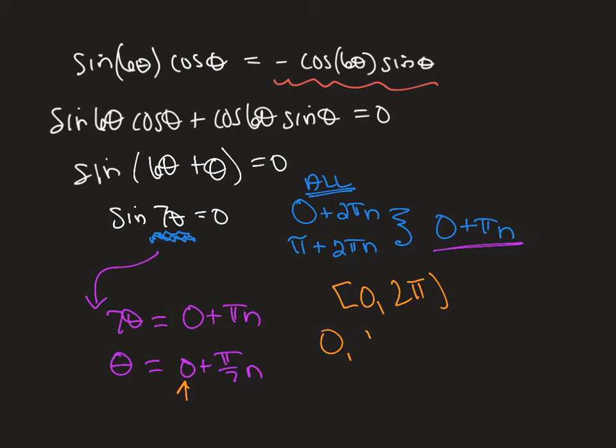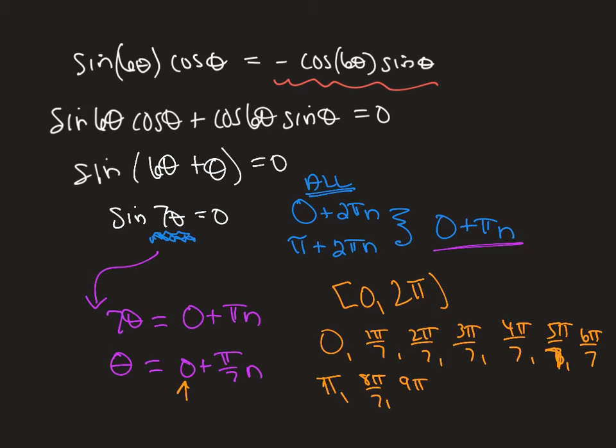So it's 1 pi over 7, 2 pi over 7, 3 pi over 7, 4 pi over 7, 5, 6, 7 over 7, which is pi, 8 over 7, 9 over 7, 10 over 7, 11 over 7, 12 over 7, and then 13 over 7.